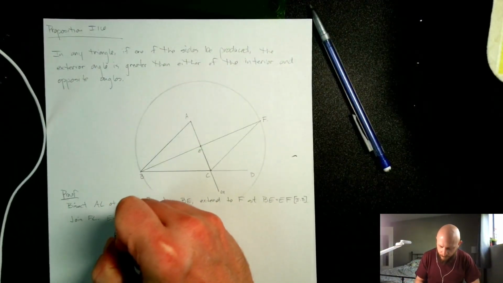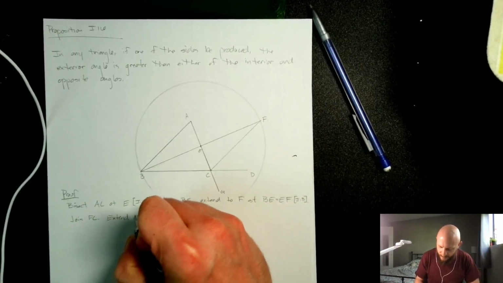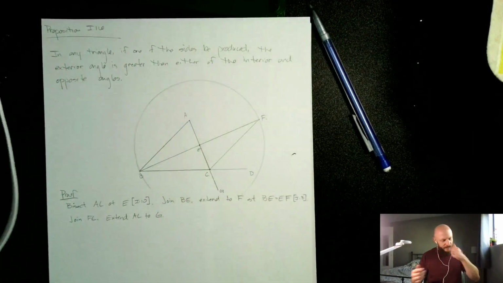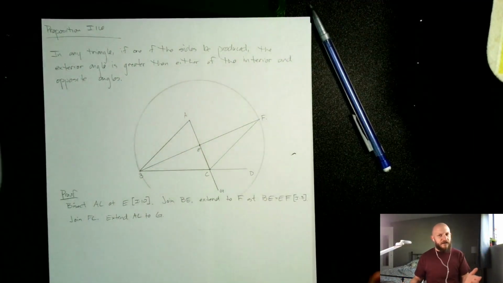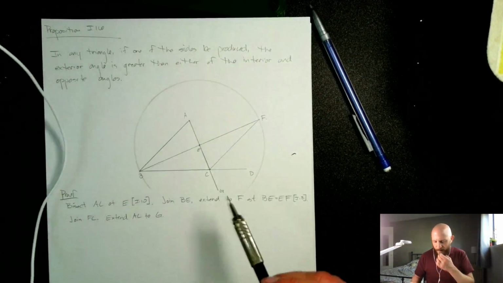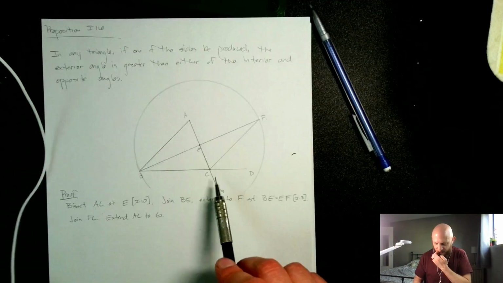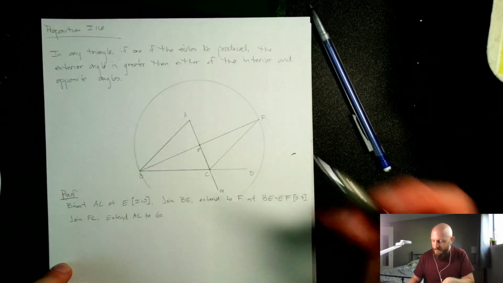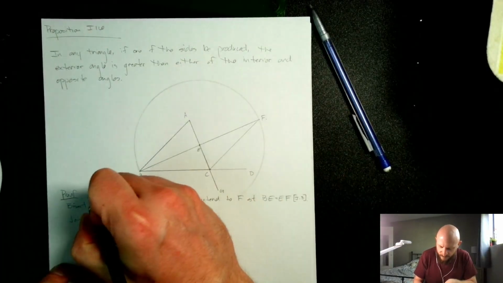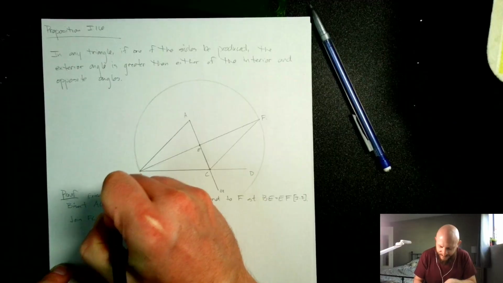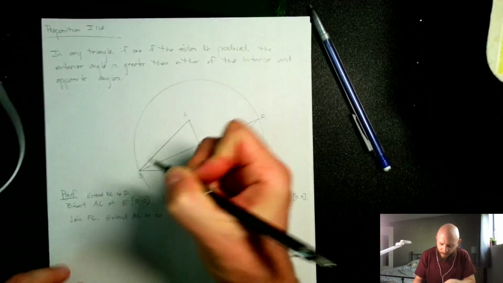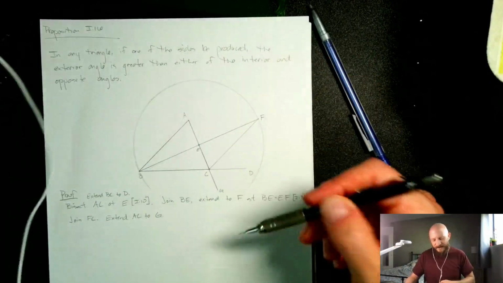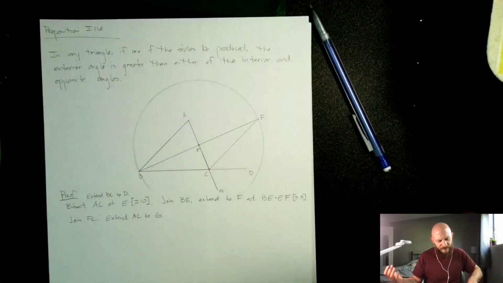Extending AC to G is justified with postulate 2, but extending BC to D was not, so maybe I should just write that: extend BC to D. It seems arbitrary to me.